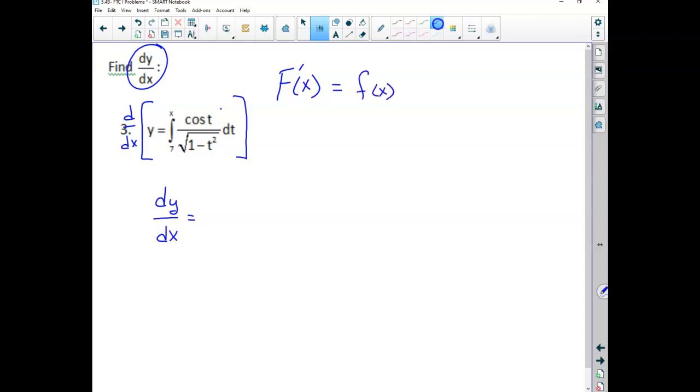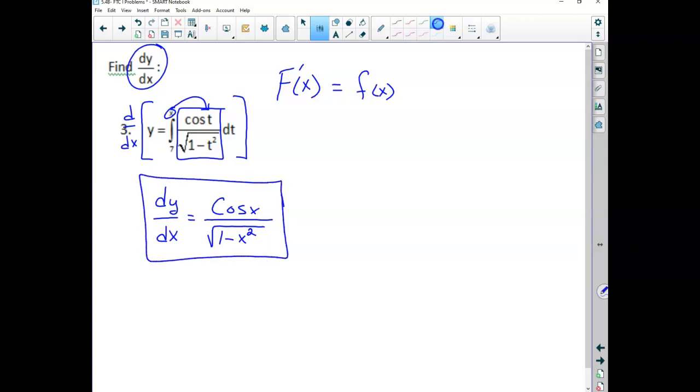What's little f? Here's little f. I just need to put the x in. That gives me cosine x over the square root of 1 minus x squared. There's dy dx. I'm taking the derivative of an antiderivative, and I get the exact same little function back, just with an x in it, okay?